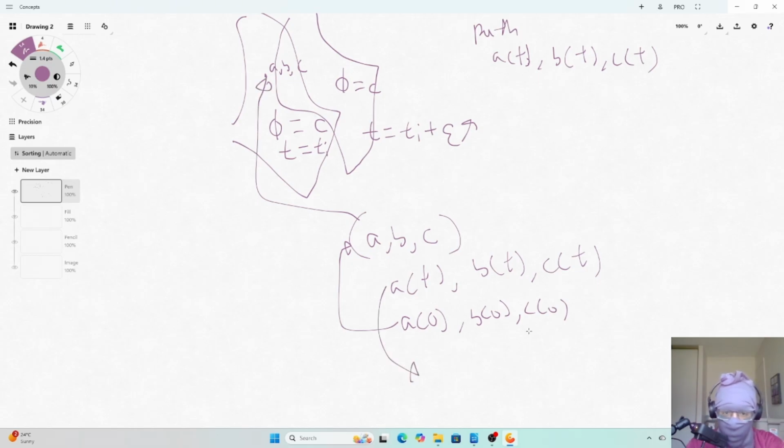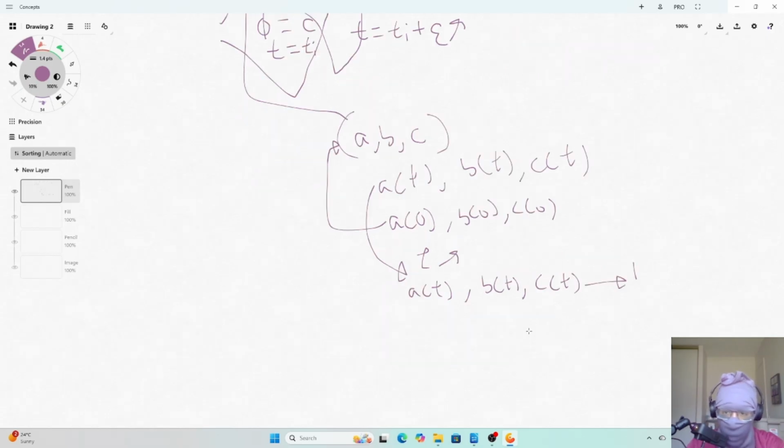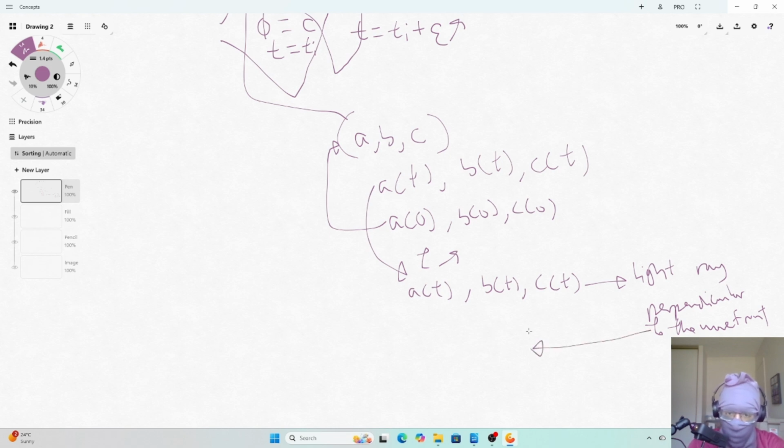And then as t increases, suppose that this moves like a light ray, perpendicular to the wavefront. Let's call that RT.